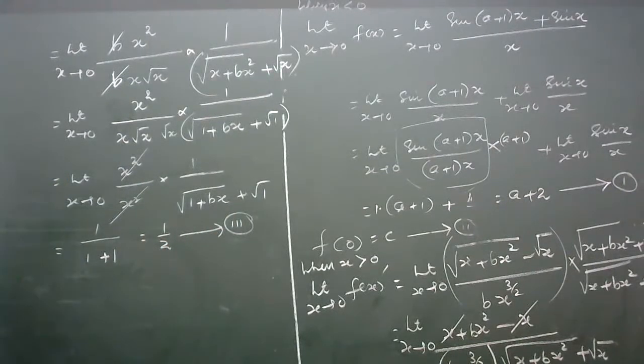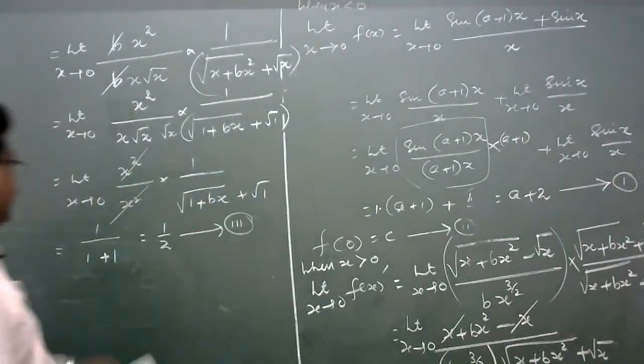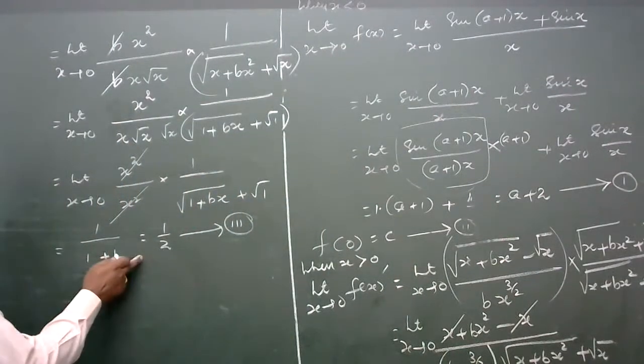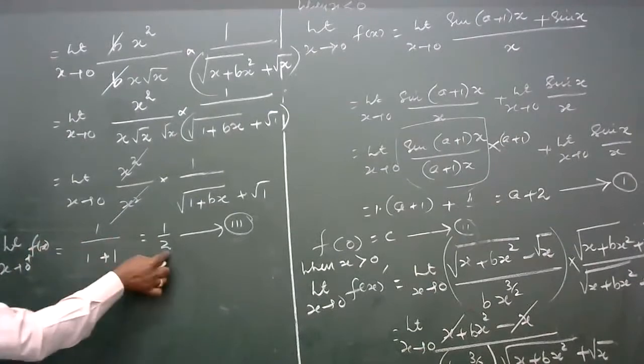So now the second one, f of 0 is equal to c, and the third one, limit x tends to 0 plus f of x is equal to 1 upon 2.